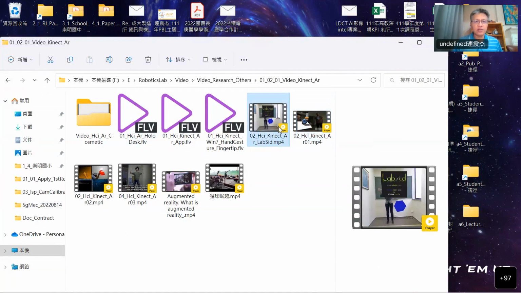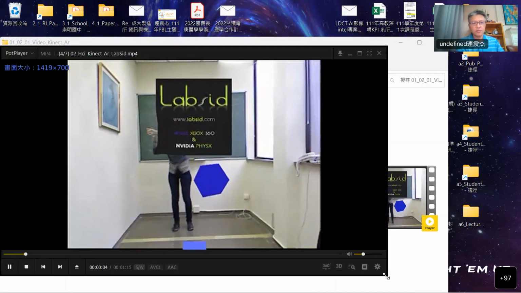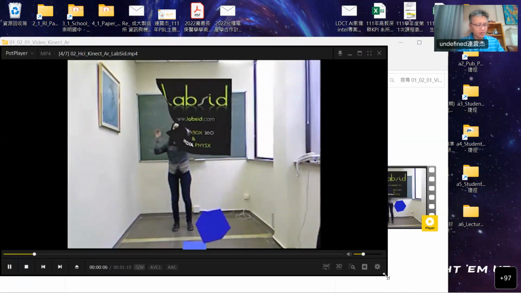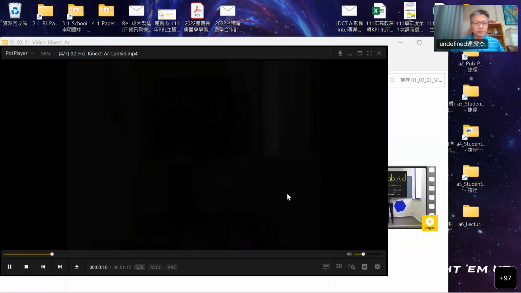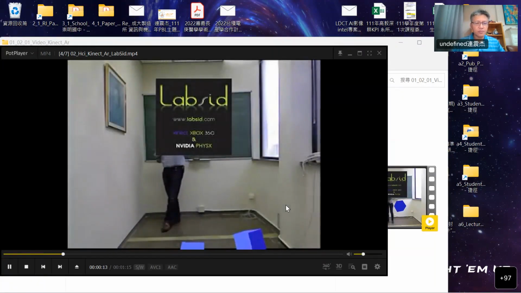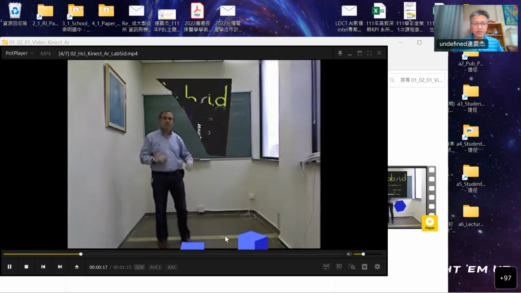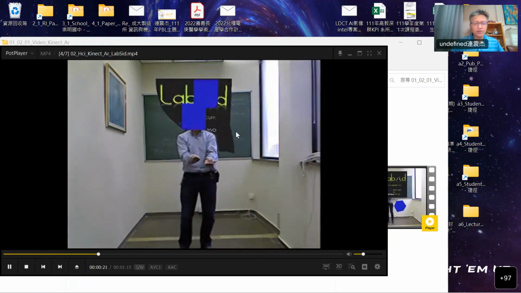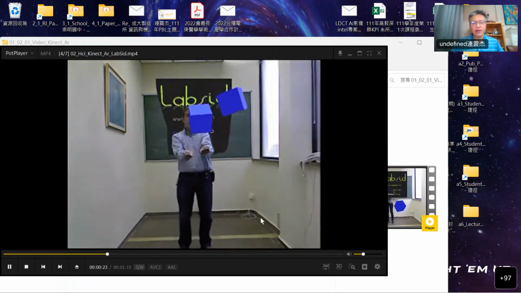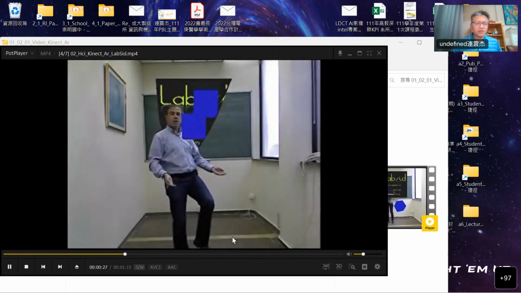Okay, this is the other one. This is not real. This cube is also not real. So we can play like this, you can see on the screen and play like this.